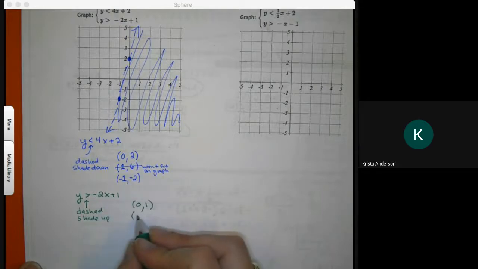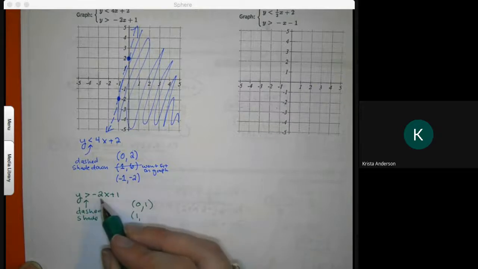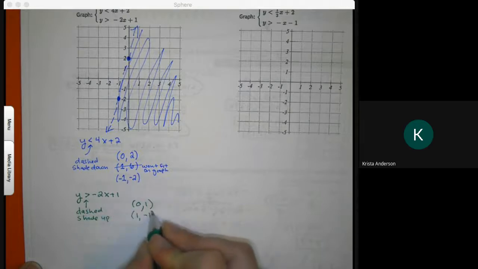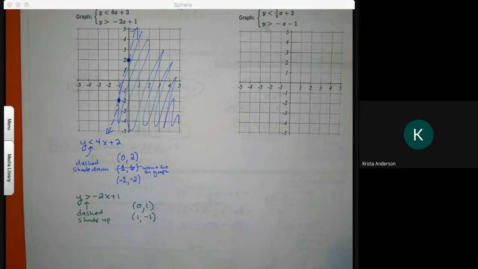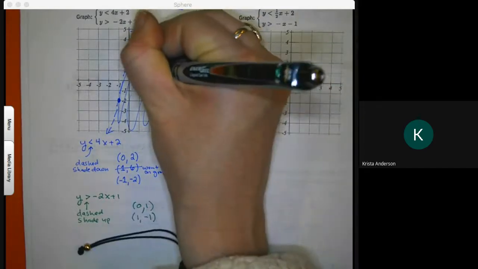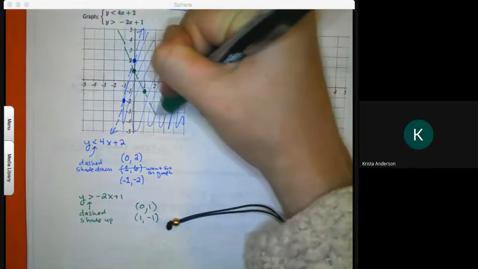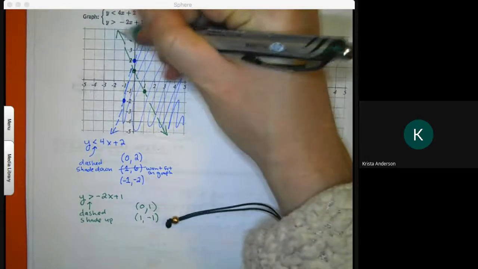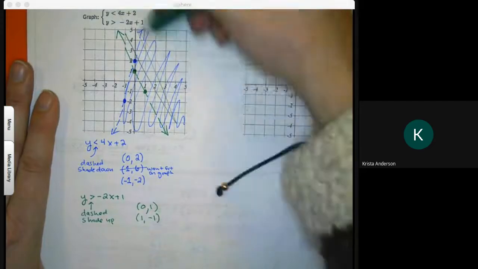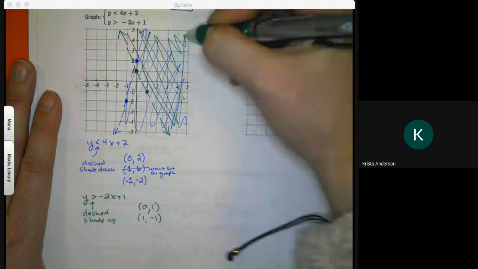If I plug a 1 in, -2 times 1 is -2. -2 plus 1 is -1. I don't have to plug more points in because they fit. 0, 1, 1 down 1, dash it, and shade above. So it overlaps in this section.